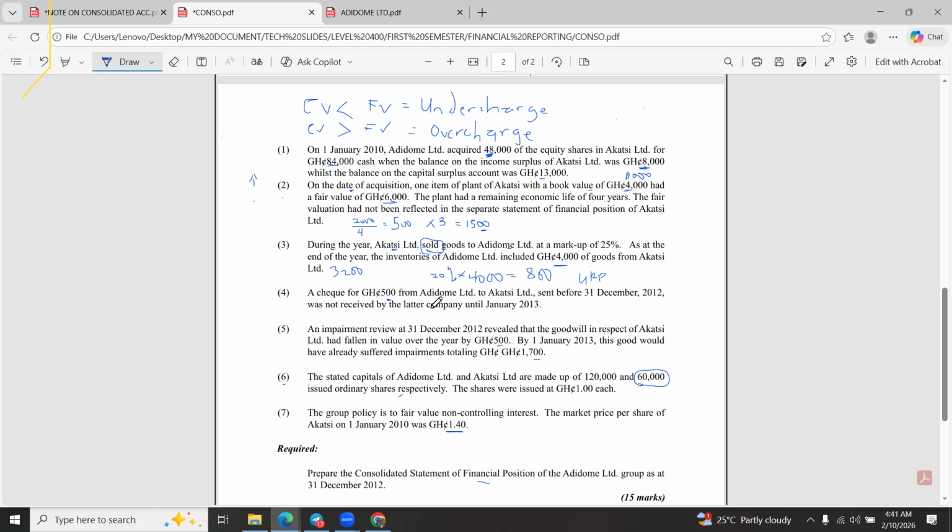Now, this question happened to be the very question the lecturer solved last year with your colleagues. So I've decided to take the lead and then explain. Just go over it again, and then maybe you appreciate it. So we'll prepare the statement of financial position in class. Time is fast spent.